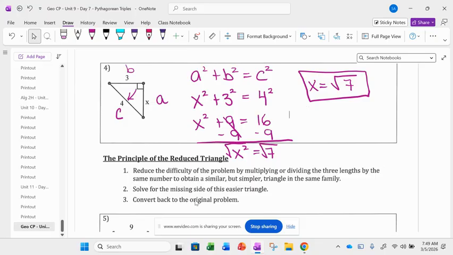So there's 7 triples. We added 2 more to our list. There's 7 triples altogether. And we're writing down all the triples 7 times.